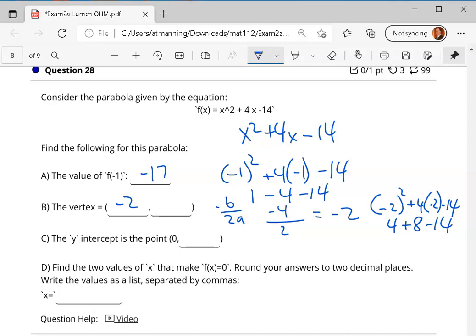Let's try that again. Vertex, negative b over 2a. Negative 2 squared plus 4 times negative 2 minus 14.